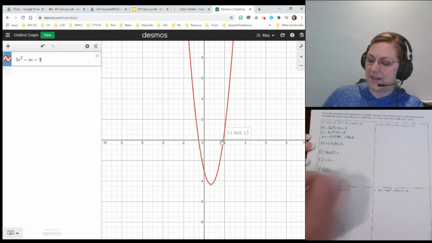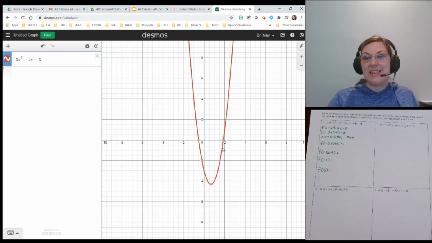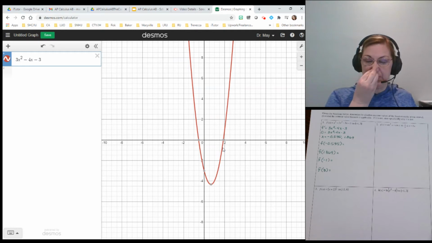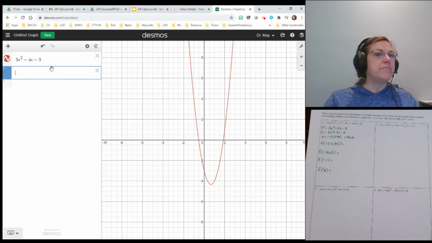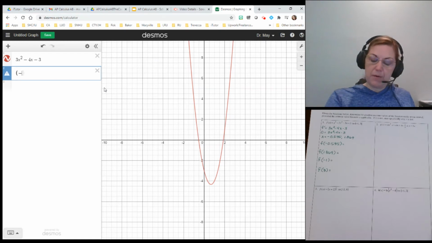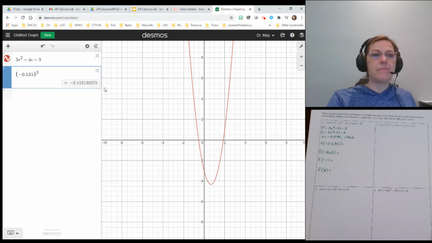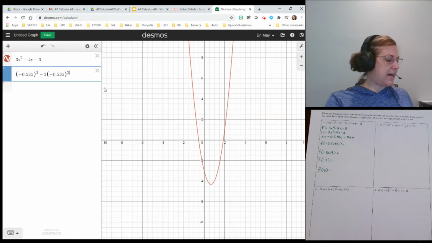Now, friends, these values are not going to come out pretty. That is A-okay, but I need them to go ahead and find the values. So again, I'm going to use Desmos. That's why I'm hanging out on this screen here. Remember, I had negative 0.535 to the third power minus 2 times negative 0.535 to the second power.